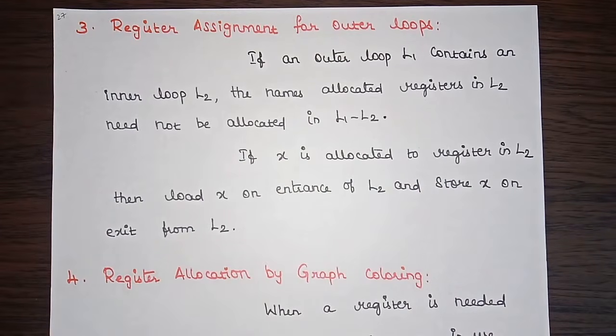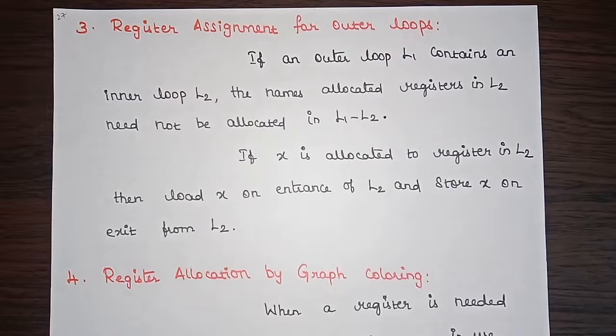When we allocate a variable to a register in an inner loop, we must load that variable on entrance to that inner loop, and we have to store that variable on exit from that inner loop. So this is how we can do the register assignment for outer loops.